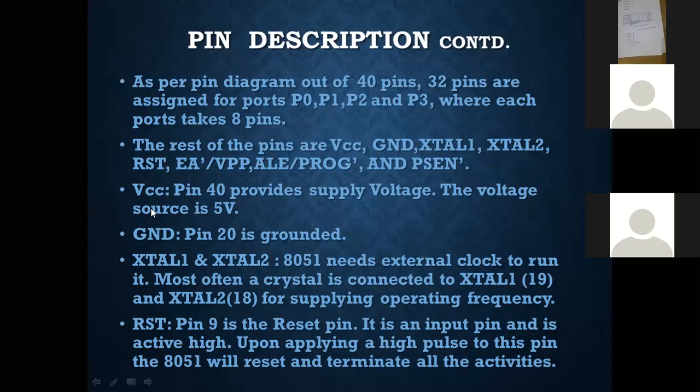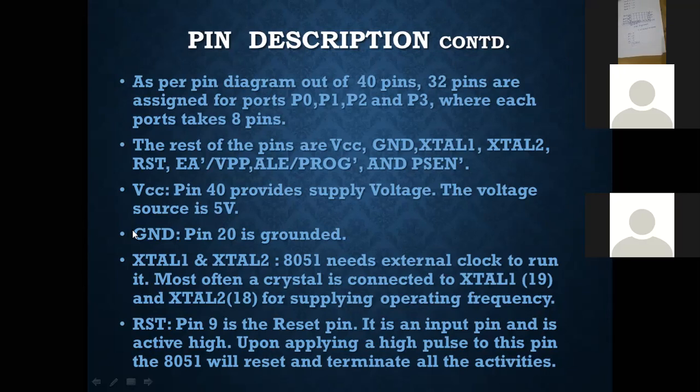Now VCC and ground, you know the operation, because this operates in the range of 0 to 5 volts. So obviously 5 volt should be given to VCC to operate it in a clear way. And external 1 and external 2 are used for the crystal or the external clock.